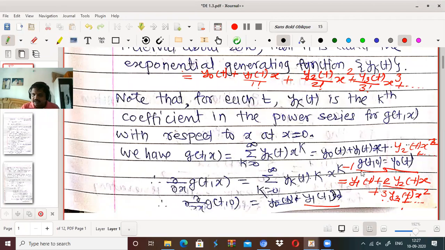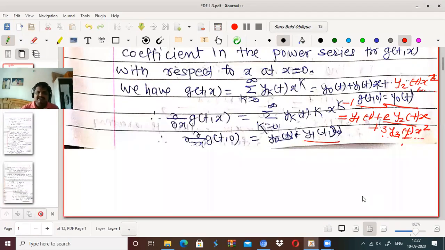Now see here, g(t, 0) is equal to 0 factorial into y0(t). ∂/∂x of g(t, 0) is 1 factorial into y1(t). ∂²/∂x² of g(t, 0) becomes 2 factorial into y2(t), and so on.